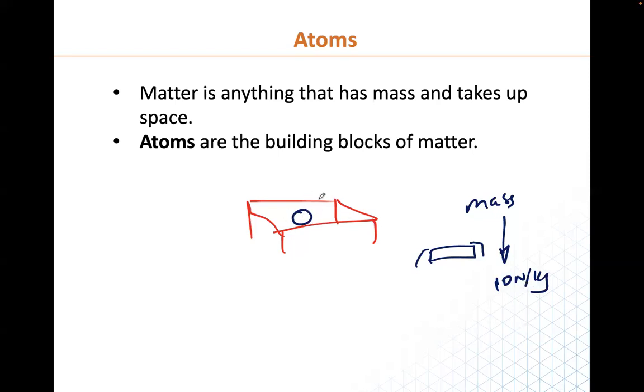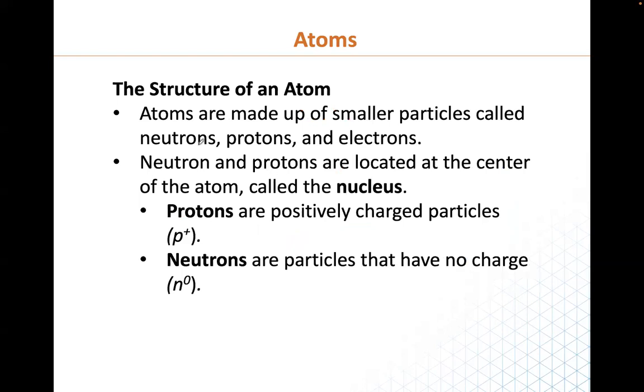So atoms are the building blocks of matter. The meaning is the matter you're talking about is made up of atoms. The structure of an atom is made up of smaller particles, which are called the neutrons, the protons, and the electrons.